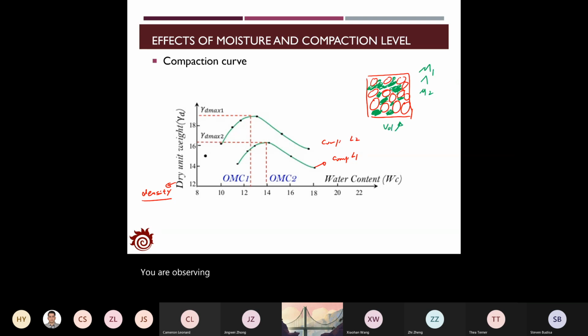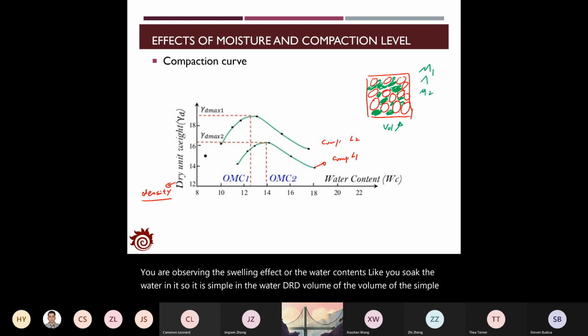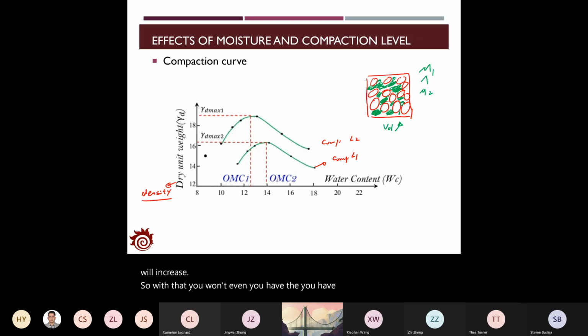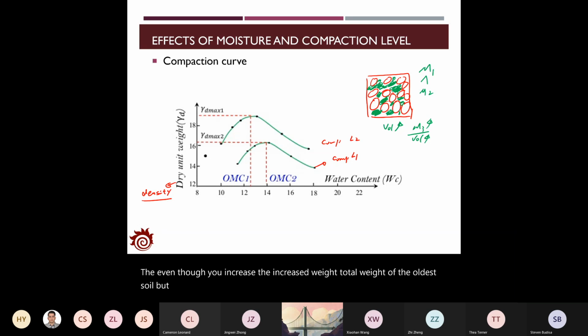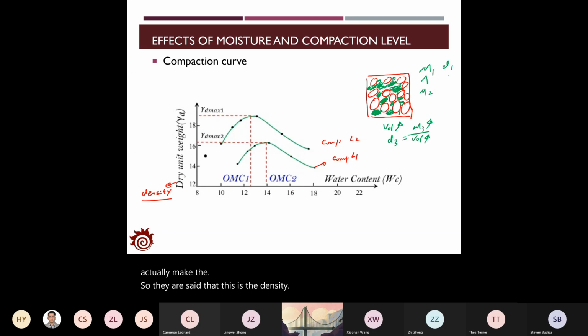So even though you have more water contents in between, as the volume increased, for the dry unit weight, you will see that even though you increase the total weight of this soil, you also increase the volume, and eventually we'll find that, say this is the density, we have density 1, density 2.